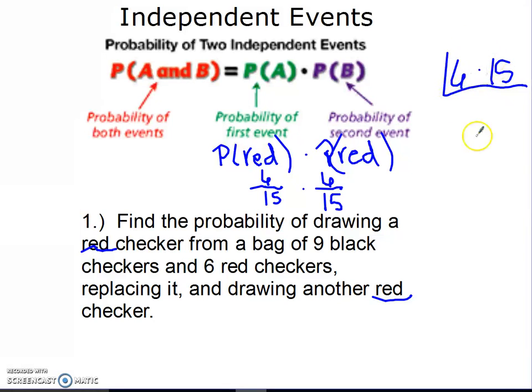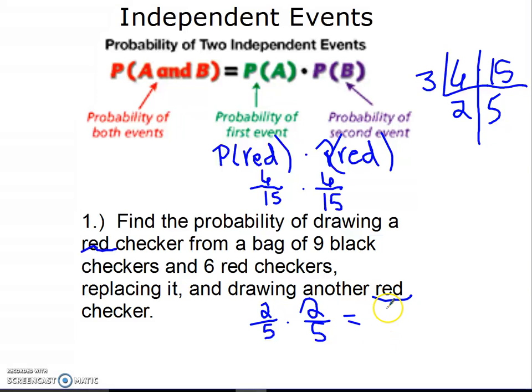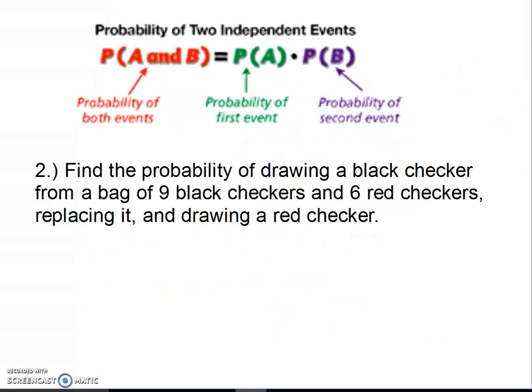So 6 divided by 3 is 2, 15 divided by 3 is 5. So we're going to be doing 2/5 times 2/5. We can't simplify the diagonals, so top times top, we get 4. Bottom times bottom is 25. 4/25.